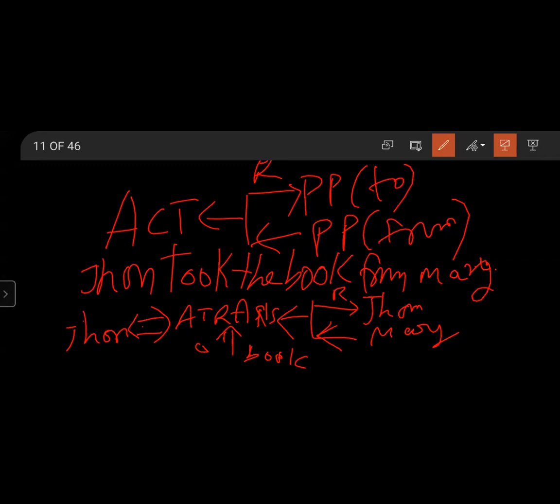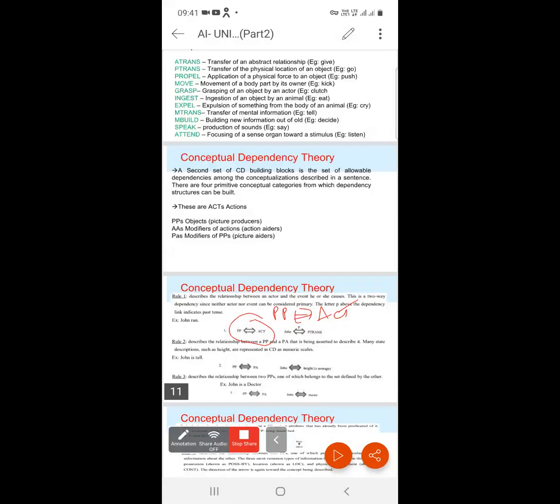Rule number 8. PA from PA to PA. Remember, it describes the relationship that describes the change in state.